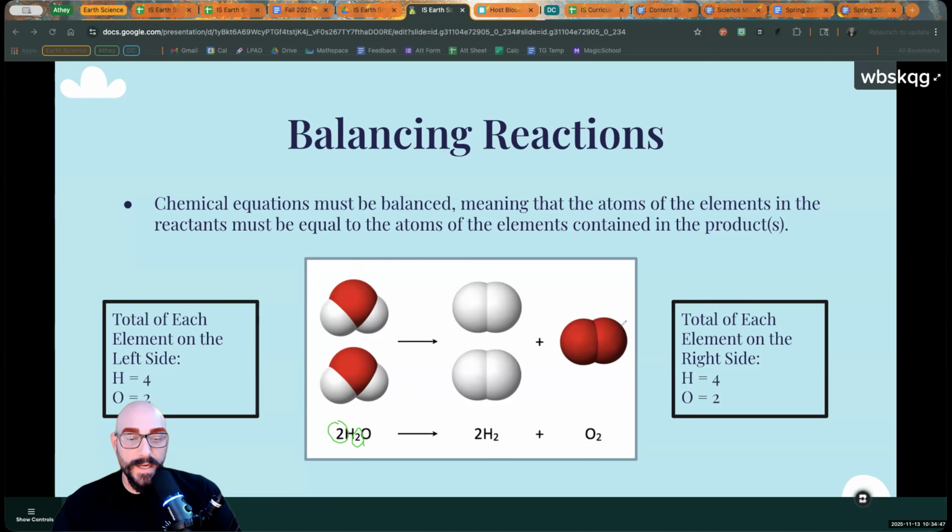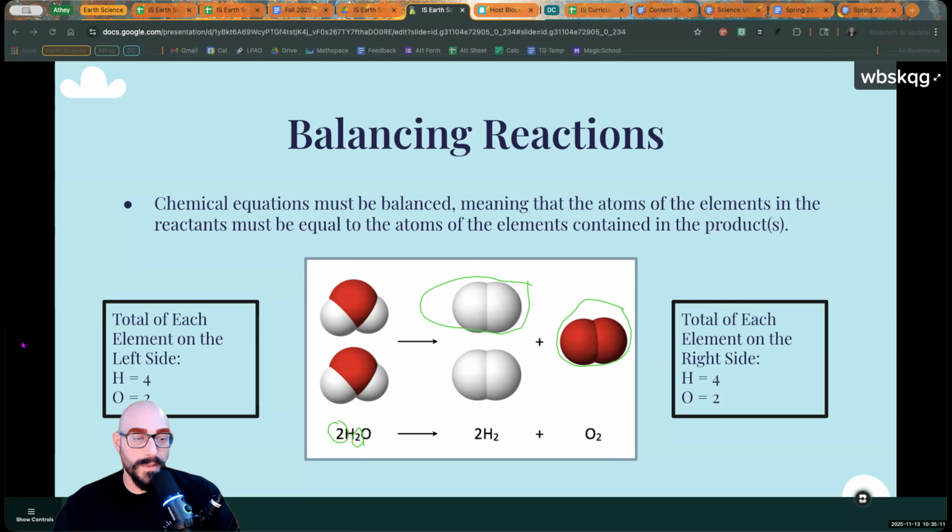So we have two oxygens on the left. Now, if we look on the right, we've got our two oxygen atoms right here. That's good. We've got two on the left, two on the right, and we have two diatomic hydrogen molecules, and each of those has two hydrogen atoms. So that's four hydrogen atoms total. Cool. So we are balanced here.